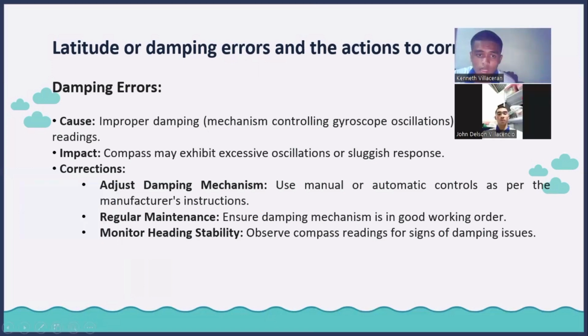Corrections: adjust the damping mechanism, using manual or automatic control as per the manufacturer's instructions, and regular maintenance to ensure the damping mechanism is in good working order. Monitoring heading stability: observe compass readings for signs of damping issues.